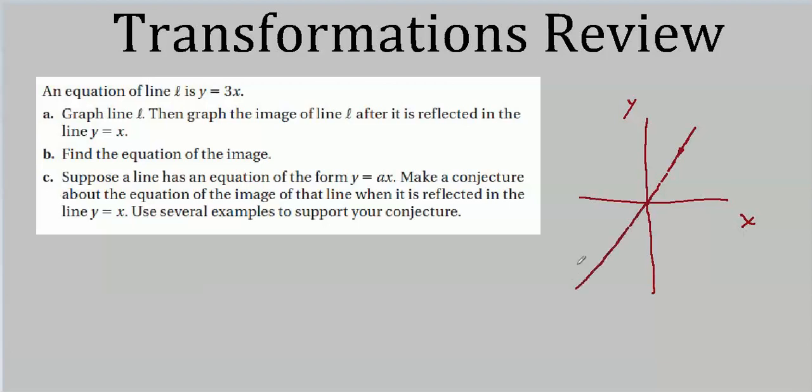Well, if we were to plot the points of this line, they would all look like this: x, 3x. When x is 0, y is 0. When x is 1, y is 3. Just like it says here. And that's what this gives you, x, 3x.